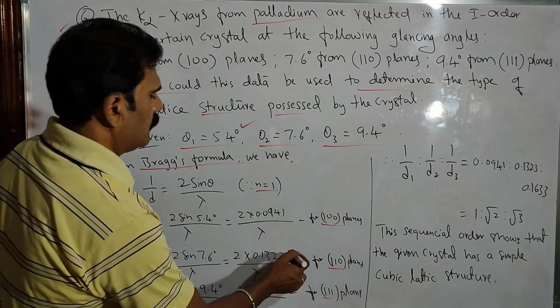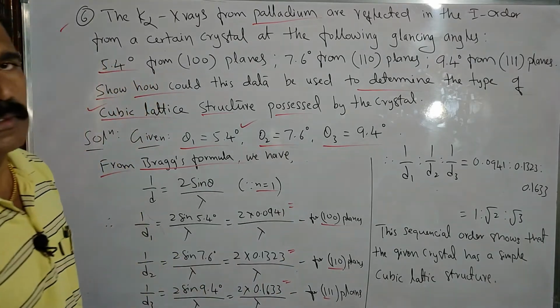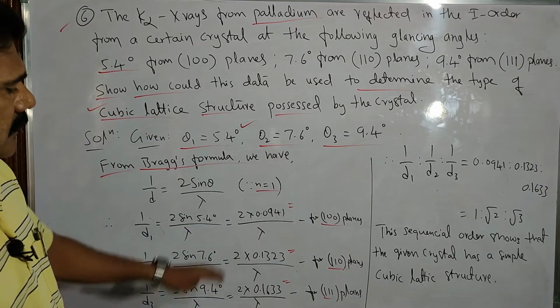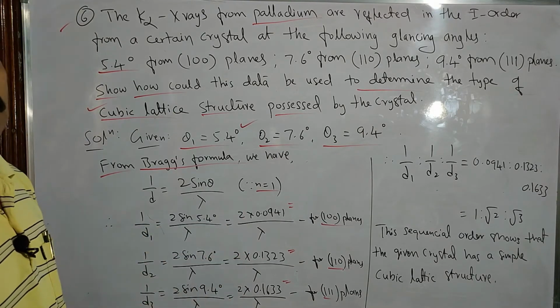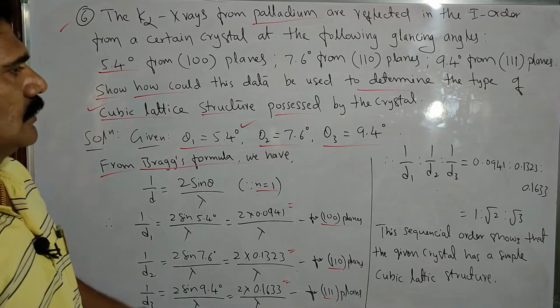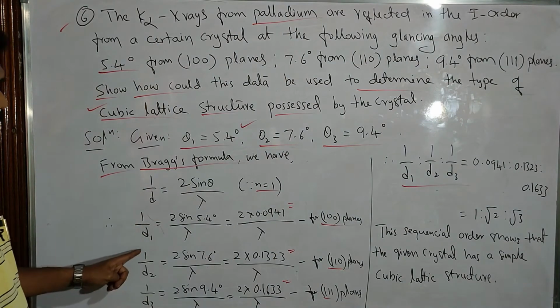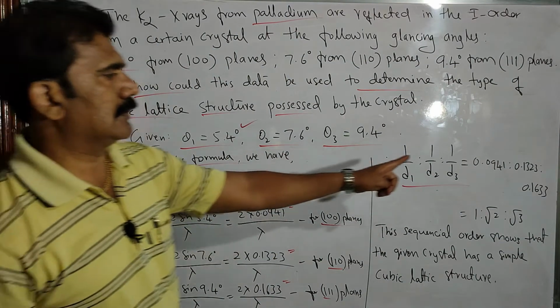So we get the values. In all these calculations 2 by lambda is common, so if you take the ratio, 2 by lambda will be ignored here. Let us see now. Take the ratios of all three: 1 by d1 is to 1 by d2 is to 1 by d3.